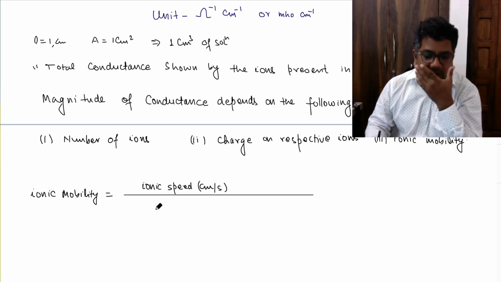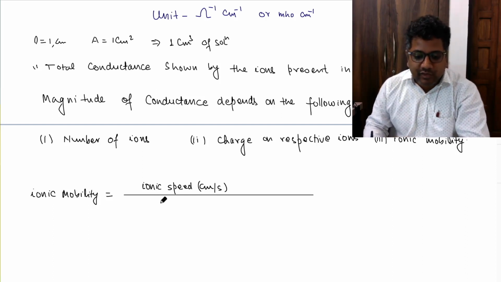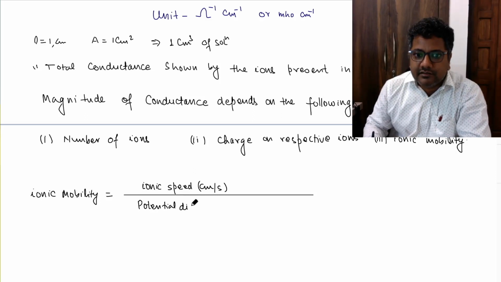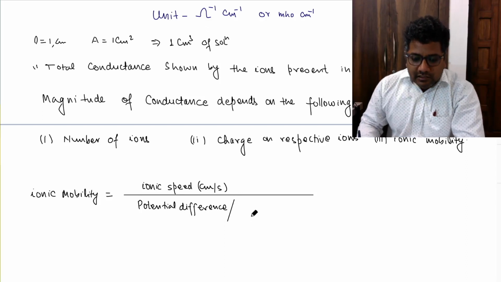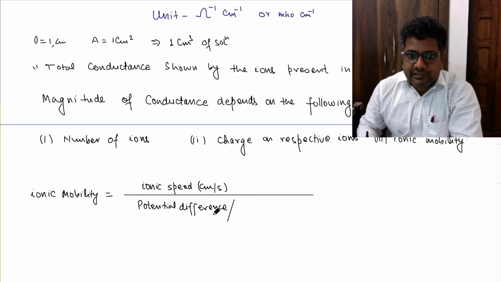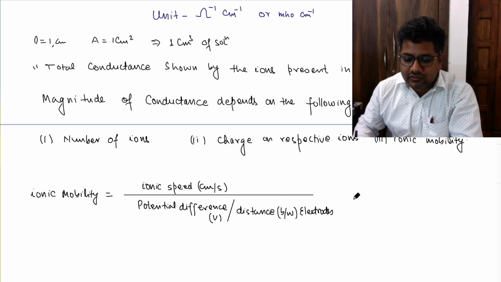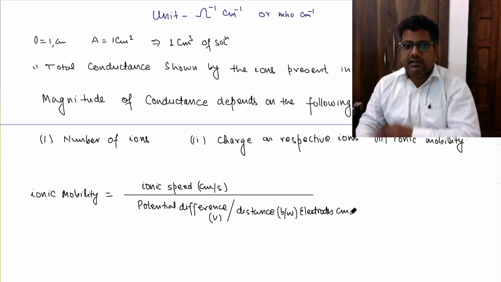In physics, all of you know what it is called. So potential difference in volt, divided by the distance between the electrodes, which is in centimeter.